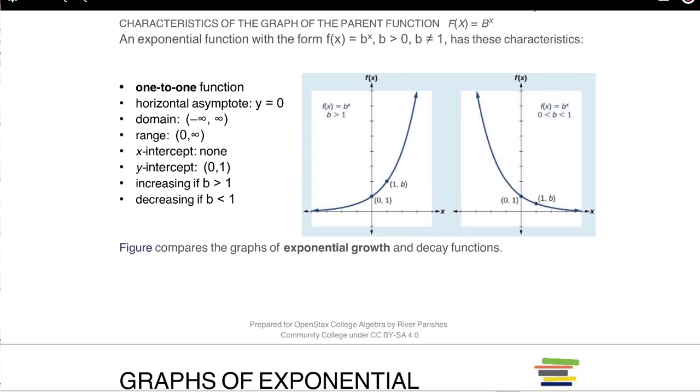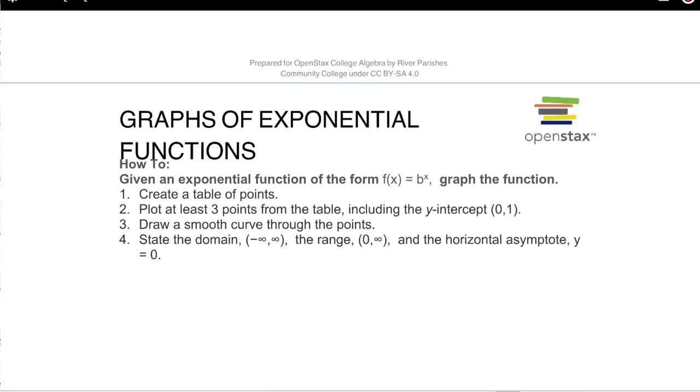And then if your b is greater than 1, then it's increasing. A lot of times we call this exponential growth. And then if b is less than 1, we consider it decay. It's decreasing. So those are the characteristics.